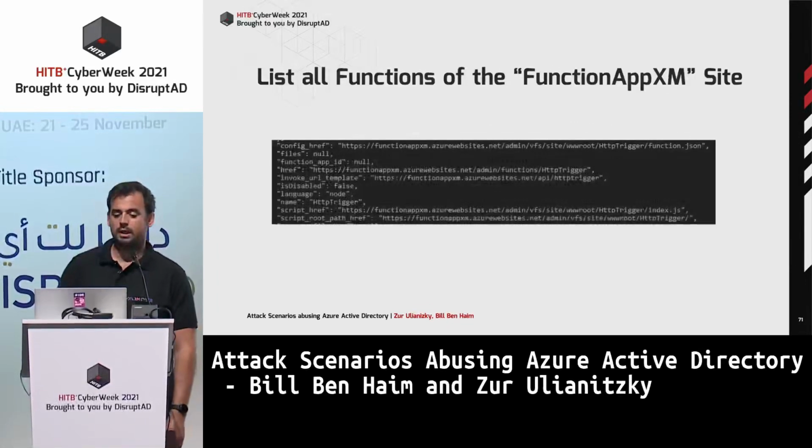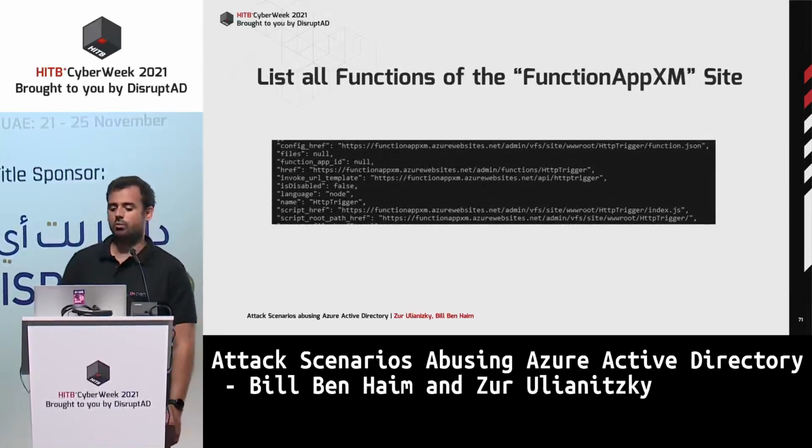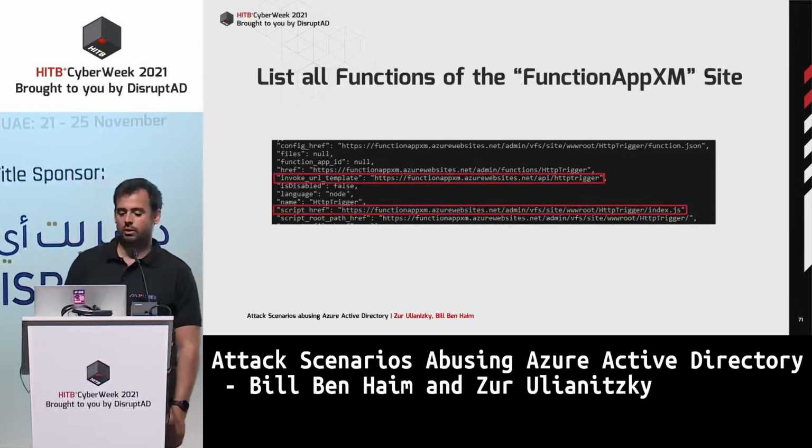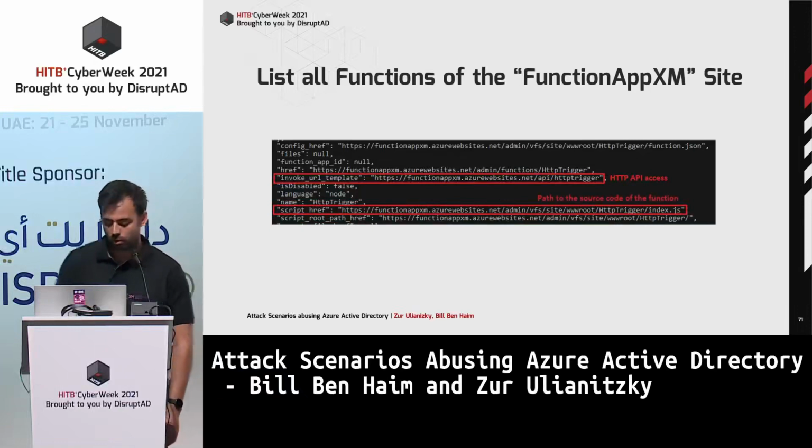It then lists all the functions within the function app XM site and discovers two crucial parameters. The first one is the invoke URL template, which is the HTTP API access of that function app. Secondly, it needs the script href, which is the path to the source code of that function.